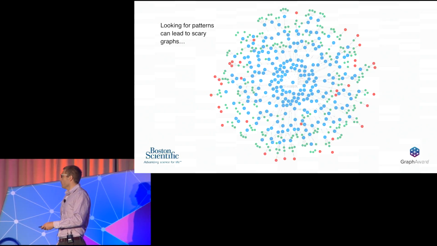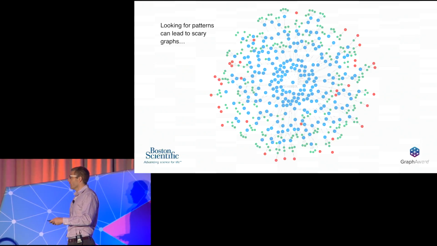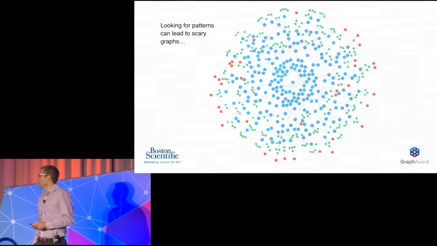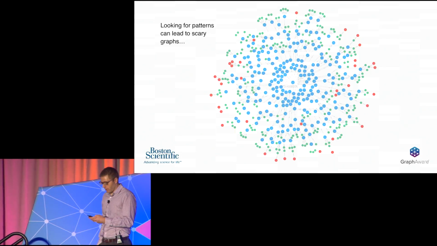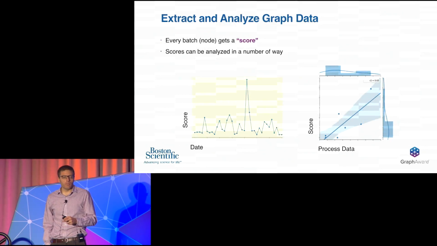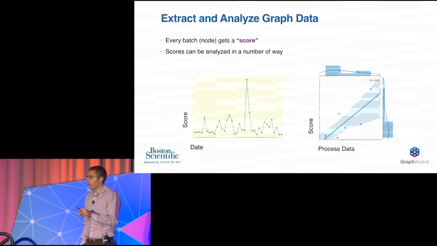So what we do is we use Cypher to quantify the number of paths, the number of connections that lead to a failure, and assign those as properties to all of these individual nodes in the graph. Every node in the graph gets a score associated with it.